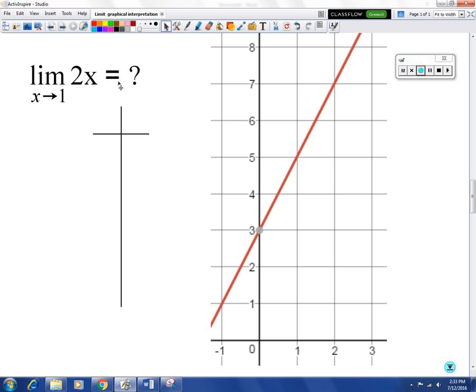Alright, so x and y equals 2x. So we can pick negative values. I'm going to pick a negative 1. 2 times a negative 1 is a negative 2. Okay. Let's see. 2 times a negative 1.